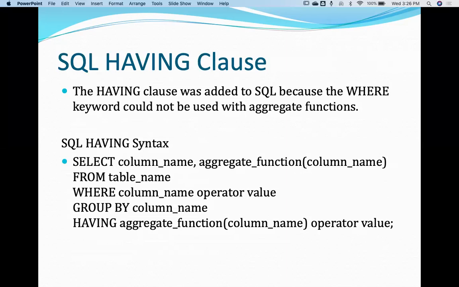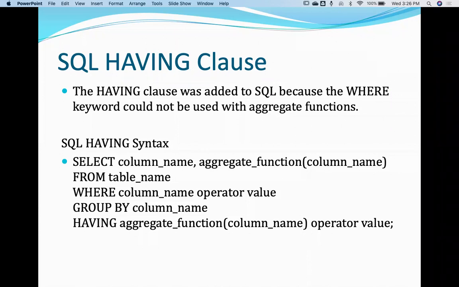So whatever we have seen till now is aggregation functions: average, count, min, max, sum. All these aggregation functions we generally use with the help of the select command, and they will do the work as their name suggests.